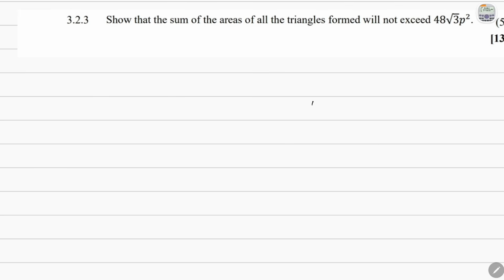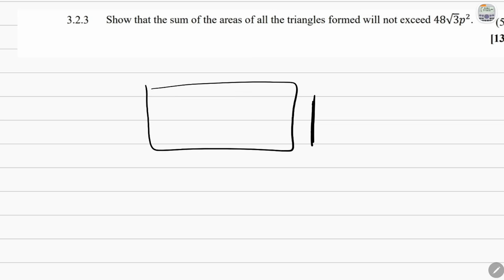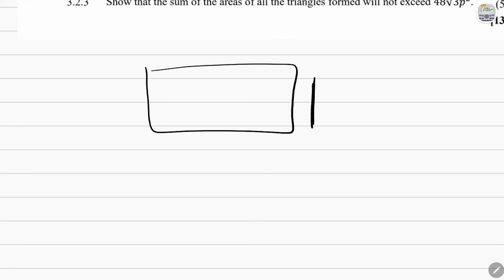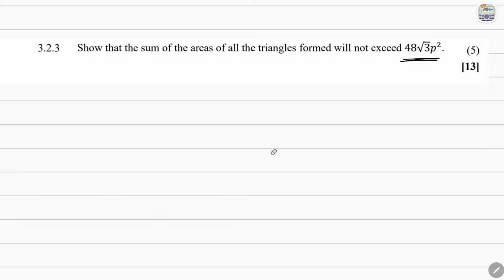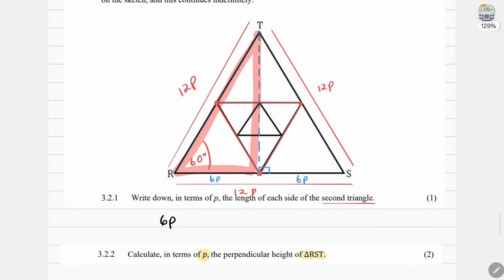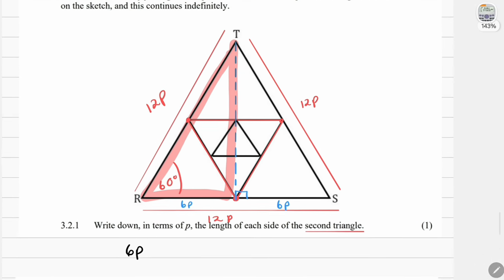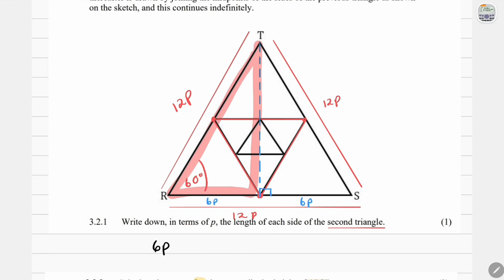So if it doesn't go beyond a particular amount, it just means that the series is going to converge, because each term in the series, all these areas, are going to head towards a specific value. That's why it's not going to exceed a particular amount. We would have already known that it's going to converge from the beginning, where they said that the next triangle is drawn by joining the midpoints of the sides of the other triangle.